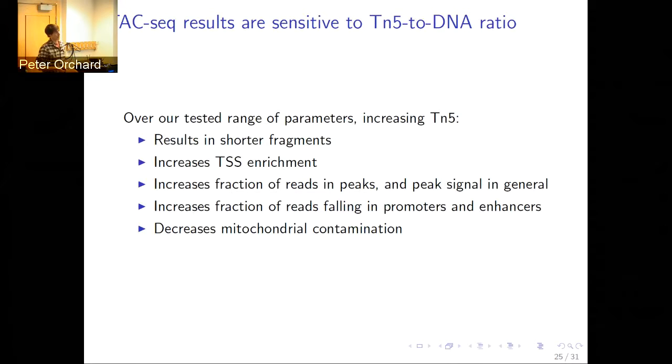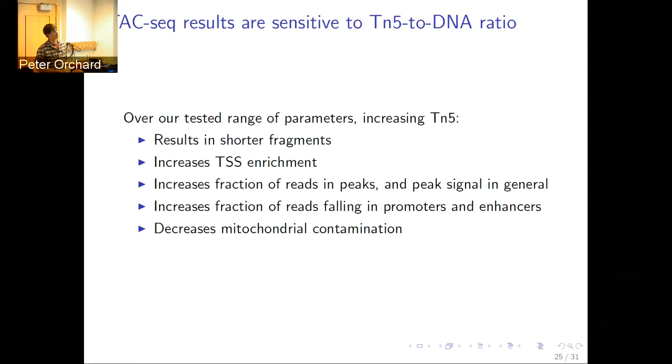Yeah, so an important caveat here is, of course, we can only say that those findings hold over the parameter space that we tested. So presumably, if you increase the amount of enzyme you're adding in enough, you basically just obliterate everything, and your results get worse.